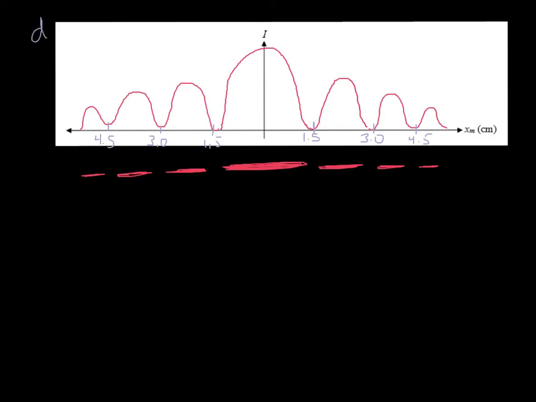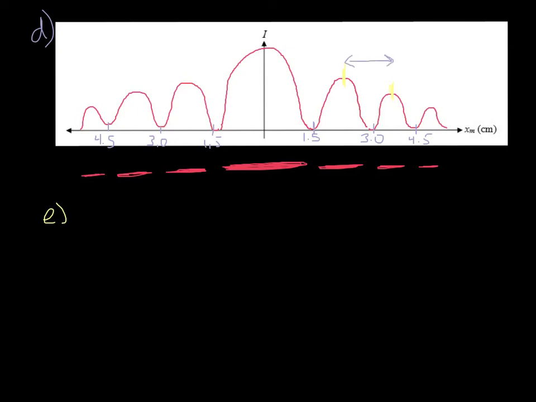So that is for part D. And then for part E, we want to know the distance between two adjacent bright spots on one side of the central maximum. So in other words, something like the distance from this bright spot right here to this one right here. So we'll say the distance from here to here.